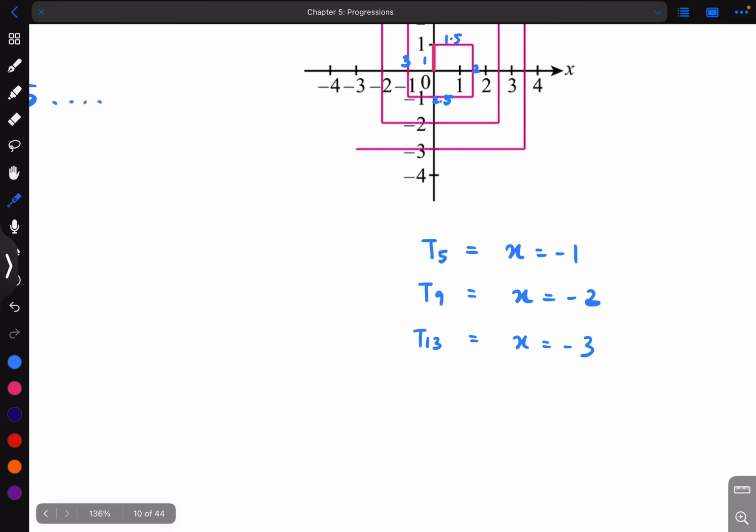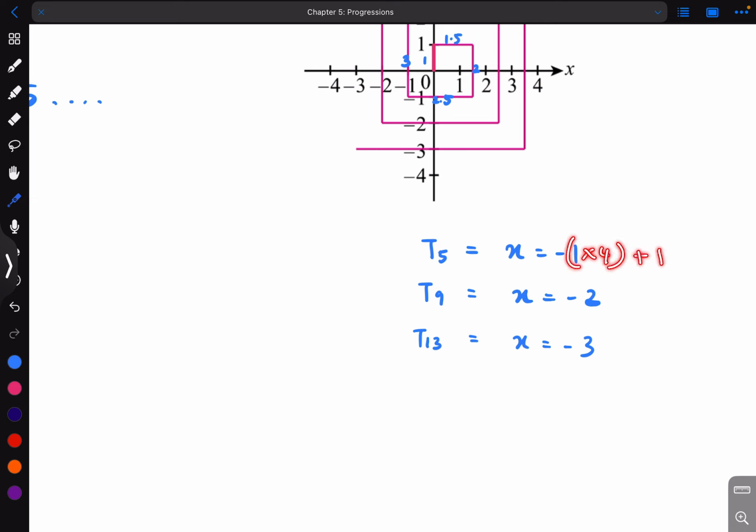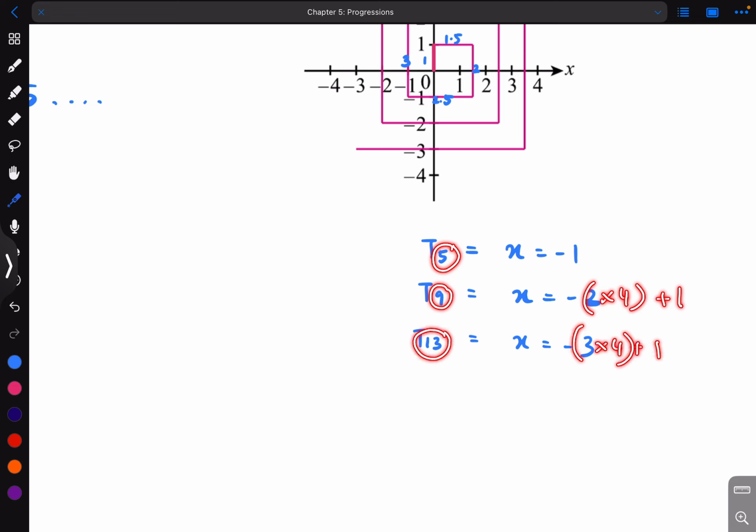So the pattern here, we can see negative 1 is for the fifth term, negative 2 is for the ninth term, negative 3 is for the 13th term. So it looks like we have to multiply by 4 plus 1. So 1 times 4 plus 1 gives us 5. 2 times 4 plus 1 gives us 9. 3 times 4 plus 1 gives us 13.